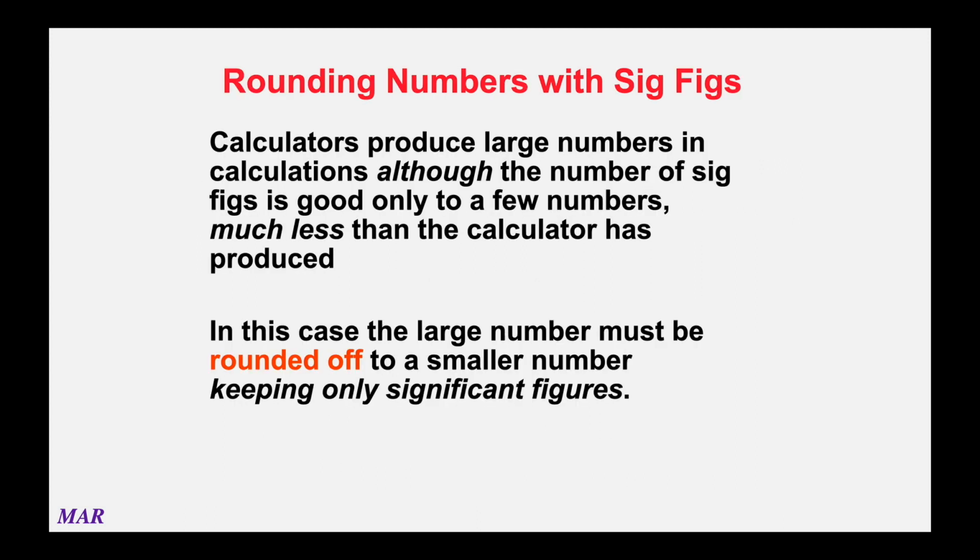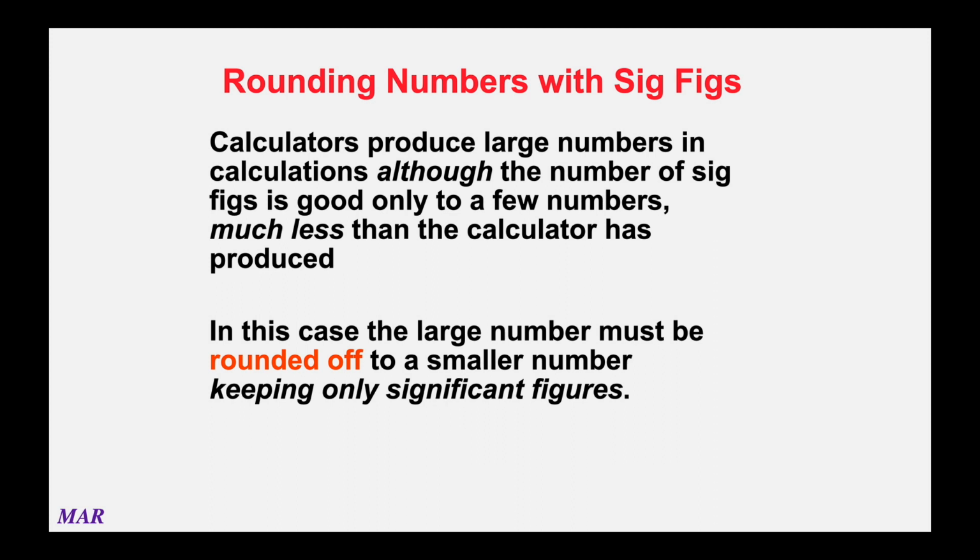Calculators, when you do a calculation, will sometimes create just incredible numbers of digits. But in chemistry, we only want to use the sig figs in our answer. And we're going to have to round these large calculator numbers off to something that's manageable. We've already seen that in a lot of the examples in this chapter. I rounded some of the things because of these sig fig rules.